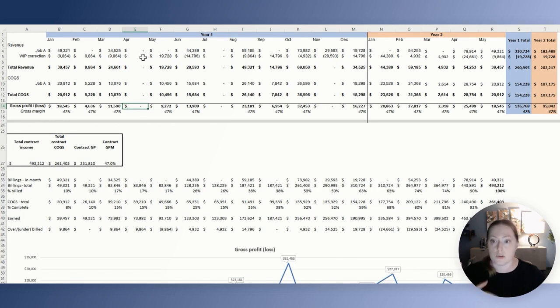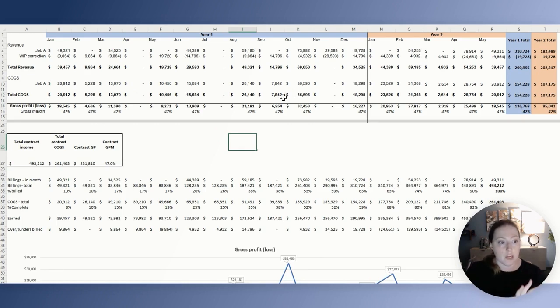You probably have more jobs, so you'll have gross profit happening in these particular months that are zero here. But this is just one job that had no activity in April, so that's why this is a zero. So now you can see how this is actually smoothing your financial statements and truly giving you an accurate picture of what is really happening in the business and how your jobs are doing.